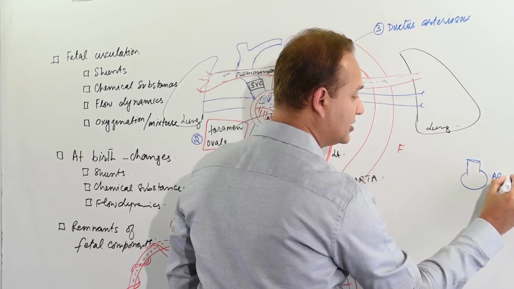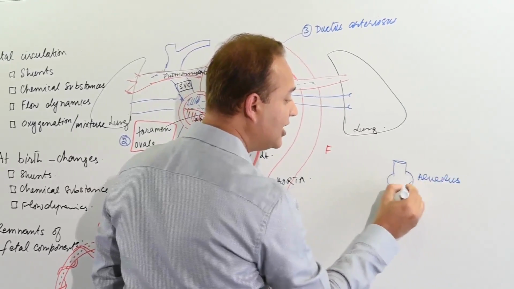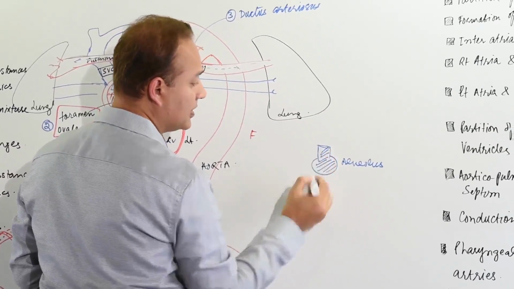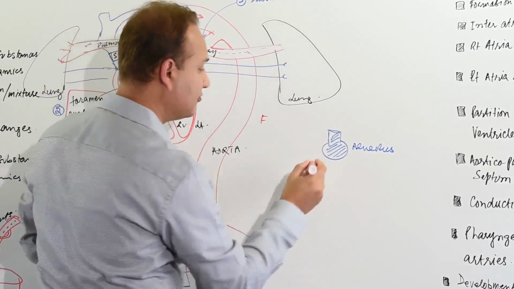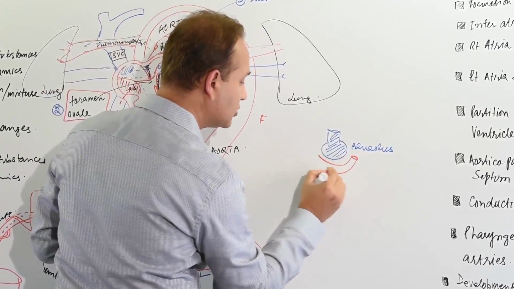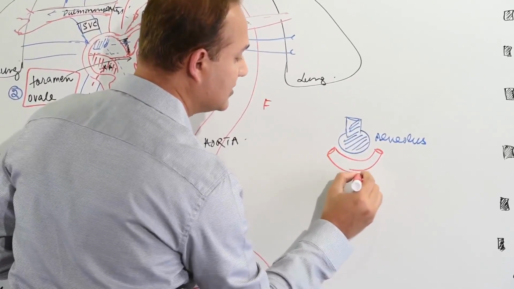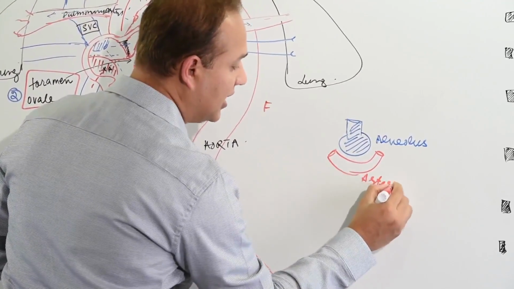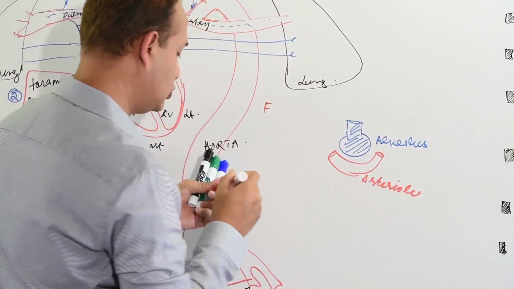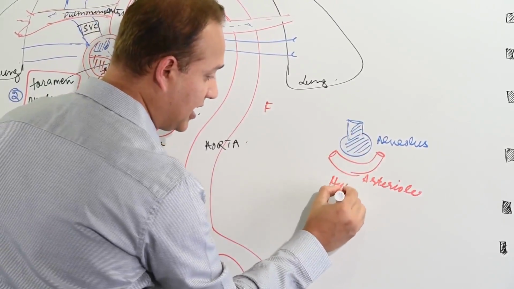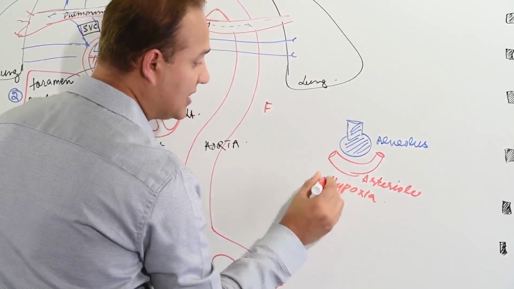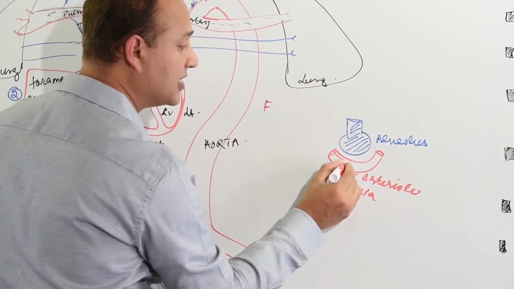Because an alveolus is filled with fluid, there is no oxygen. This is the arteriole, which reacts to the hypoxia generated here, and that hypoxia would constrict the arteriole.